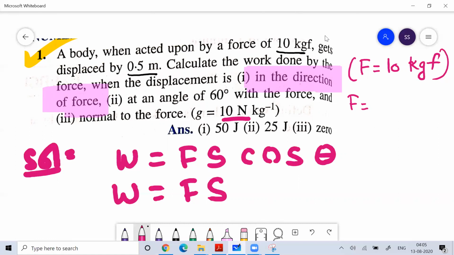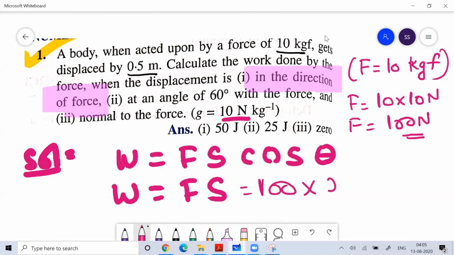You know that 1 kgf is equal to 9.8 Newton, if g, the acceleration due to gravity, is 9.8 meter per second square. Here g is given as 10 meter per second square, so I can directly use g as 10. So the force here would be 100 Newton, and the displacement is 0.5 meter. So the work done is equal to 50 joule.